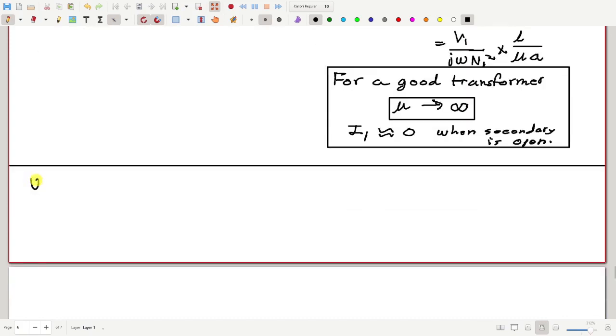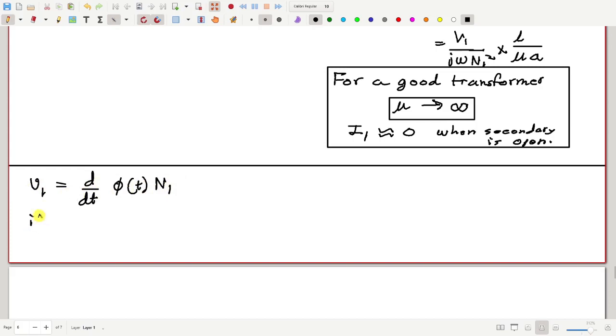V1 is equal to d/dt of phi multiplied by N1, for N1 number of turns. Now, if V1 is varying sinusoidally, then this flux should also vary sinusoidally. Otherwise, this equation will not be satisfied.